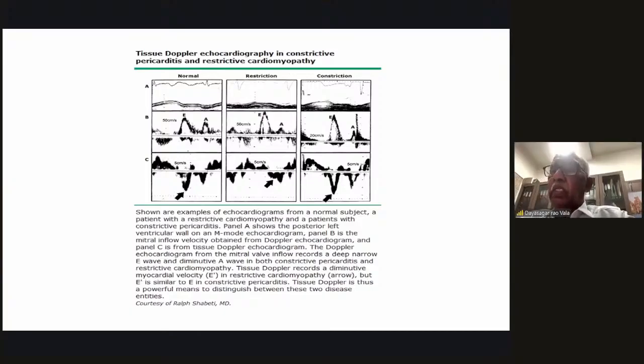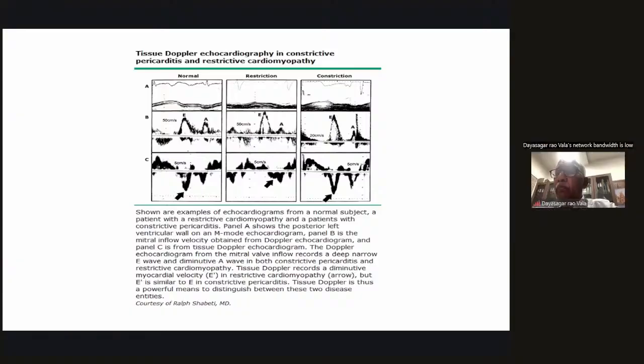The general formula we use for estimation of the LA pressure is flow Doppler E by E prime. Generally, E is larger and E prime is smaller, so you get an equation where the product of that is the LA pressure. But in constrictive pericarditis, both are tall. This is the reason why we call this annulus paradoxus.